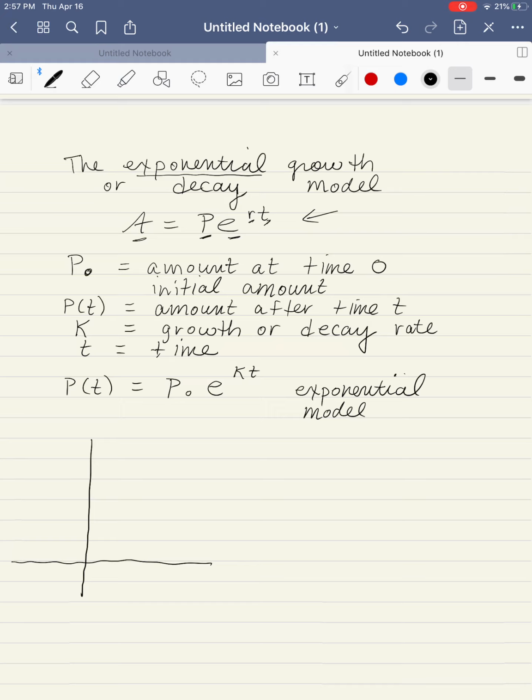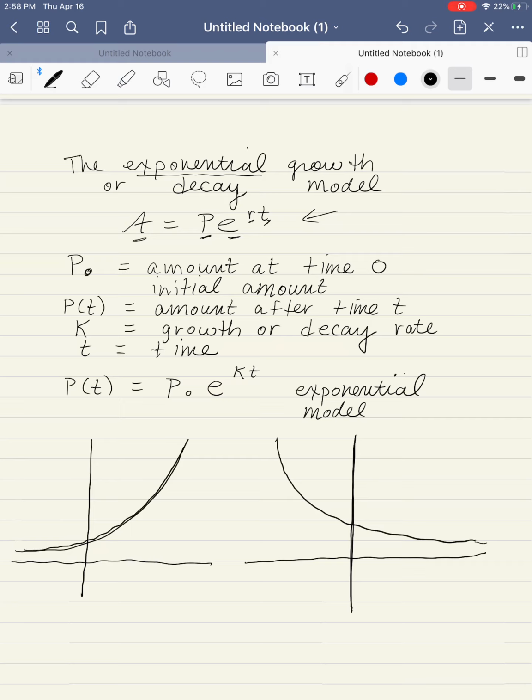Now, remember, if we graph an exponential function, we know our basic exponential shape is going to be a curve like this. If we were to reflect that curve over the y-axis, just reflect the whole curve right over that axis, we're going to have a graph that looks like that.